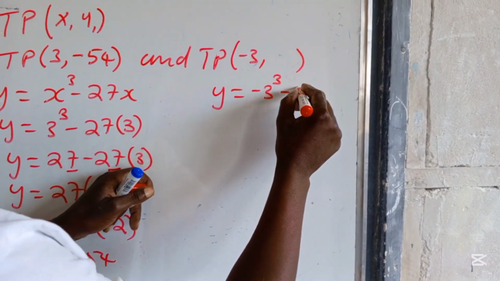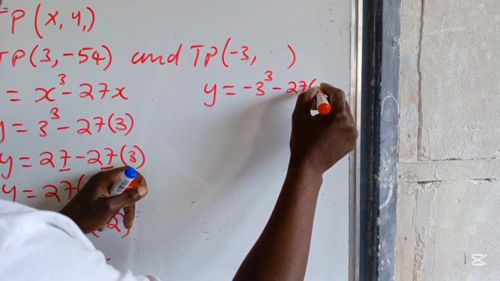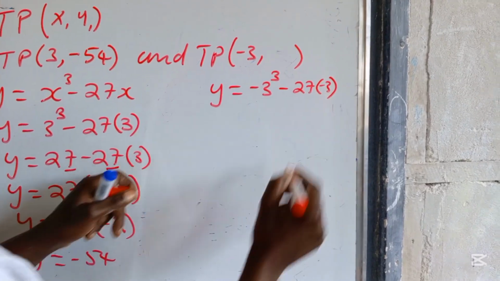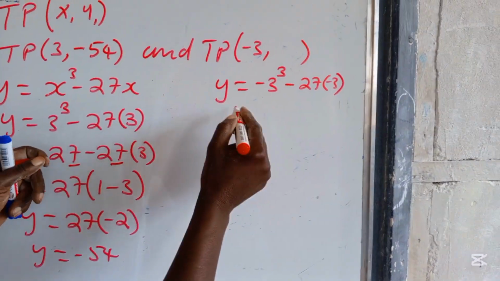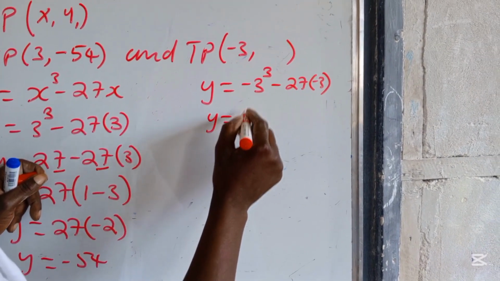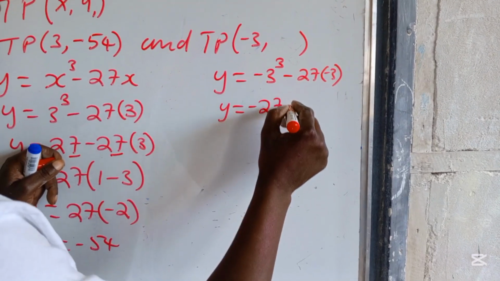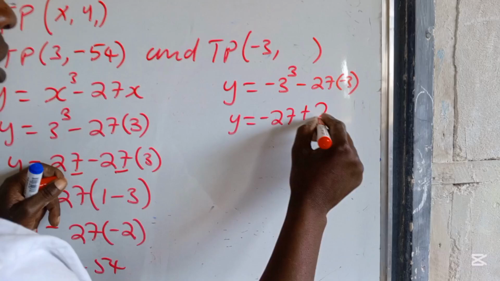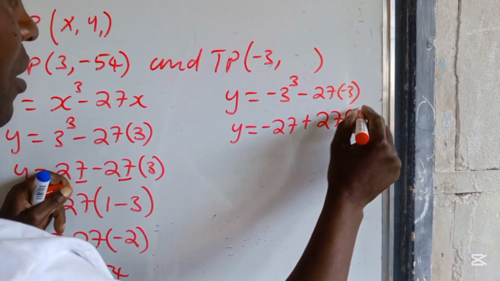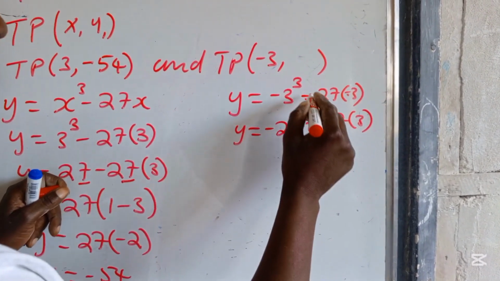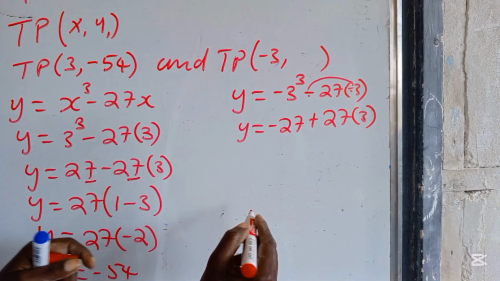I can work this out if you know mathematics nicely. This is as good as negative 27 times negative 3, which is positive 81, since negative and negative is positive.